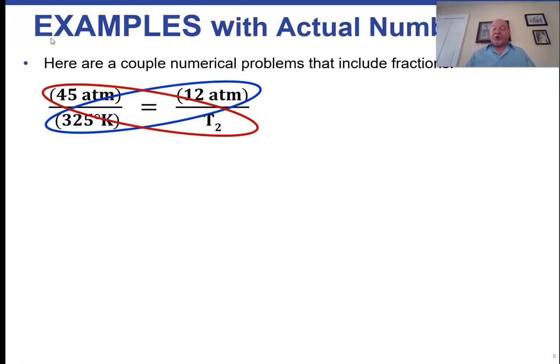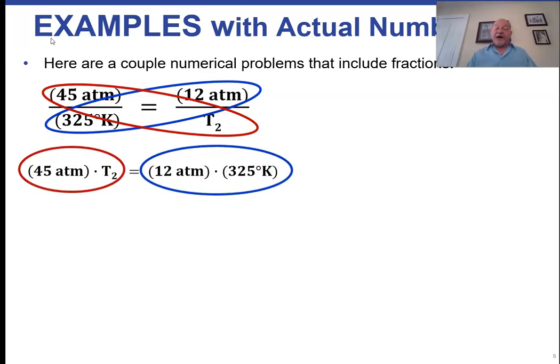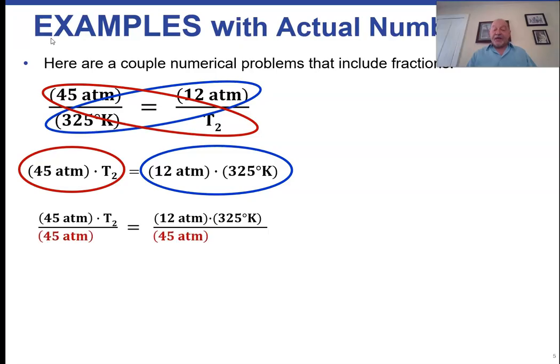So you can cross multiply the 12 atmospheres times the 325 degrees Kelvin, and that will equal your unknown temperature, T2, times 45 atmospheres of pressure. So that's shown here. And now you still have to solve for the T2. So in order to solve for T2, you have to divide both sides of the equation by 45 atmospheres. And that's shown here.